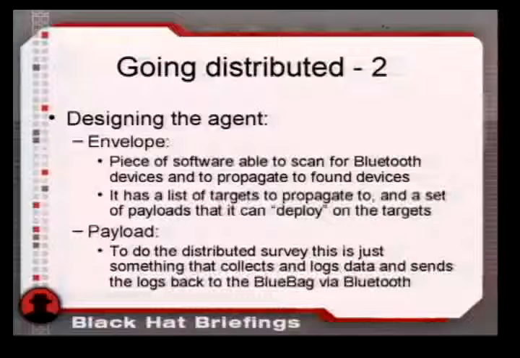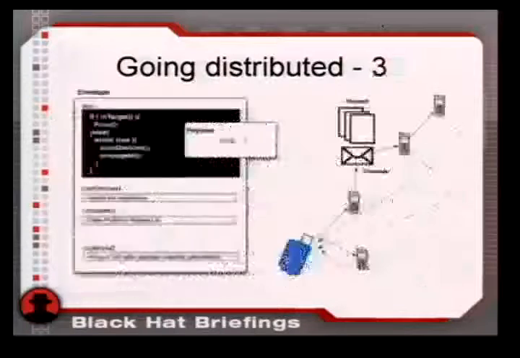When propagated, it deploys what we call the payload, which is just a piece of software to be executed on the victims. That piece of software collects data, generates logs, and sends these logs back to the blue bag via Bluetooth, or in fact could use SMS, could use emails or whatever.